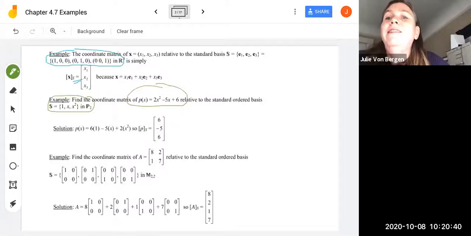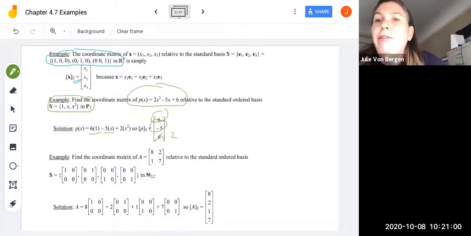So our constant is 6, so we're going to have 6 times 1. So our scalar here is the 6. We've got minus 5x, so we're going to have minus 5 here in the second position of our coordinate matrix p. And then we're going to have, this should be a 2 here, I believe, for the x squared. So we got a little typo there for the third scalar.